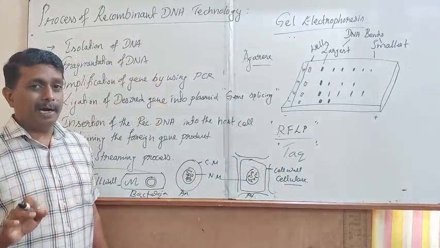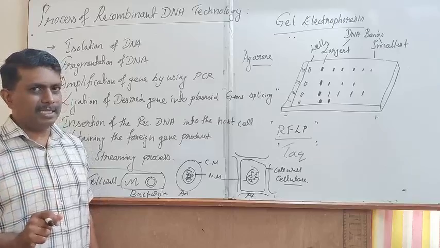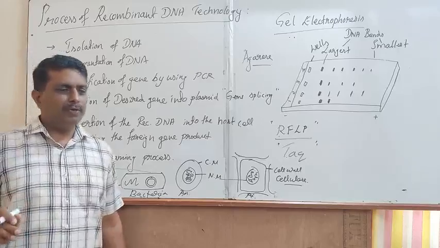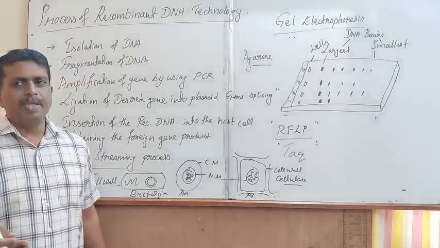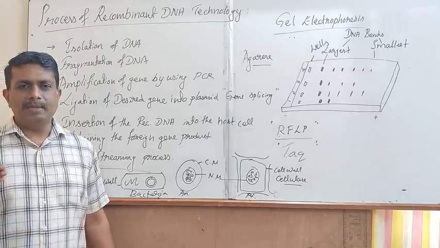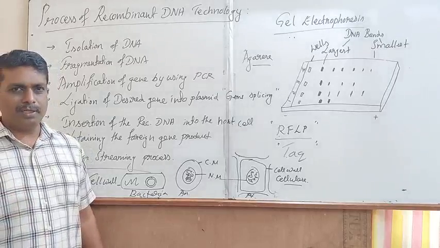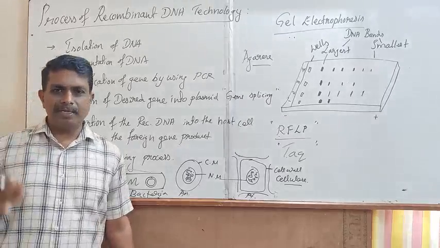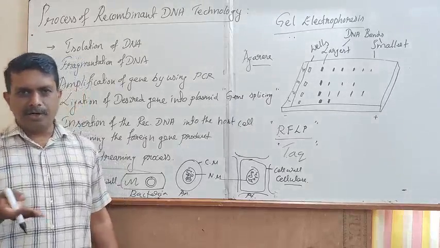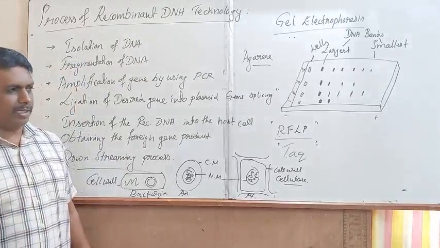It is a type of heat stable DNA polymerase III enzyme. By making use of Taq polymerase enzyme, we can get multiple copies of DNA. Those multiple copies of DNA are used for recombinant DNA technology in order to insert the gene into the cloning vector.